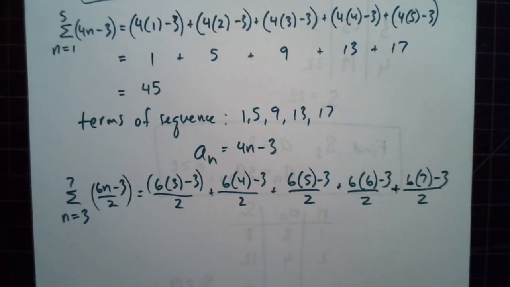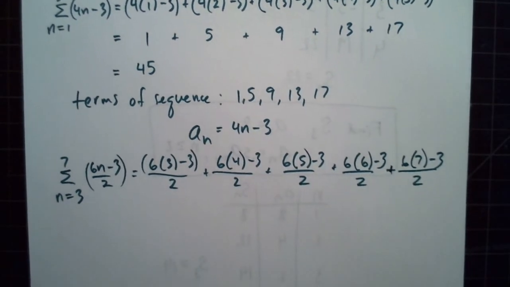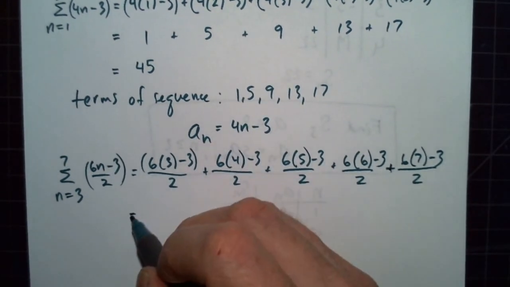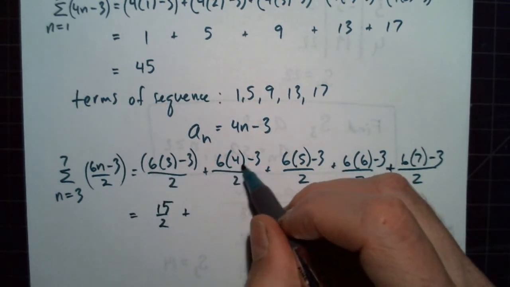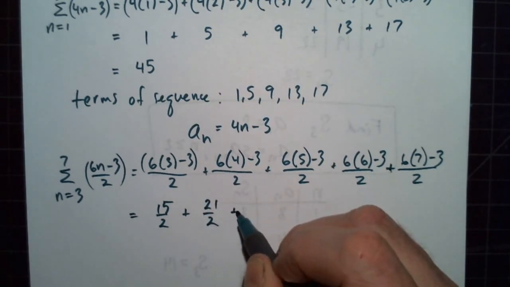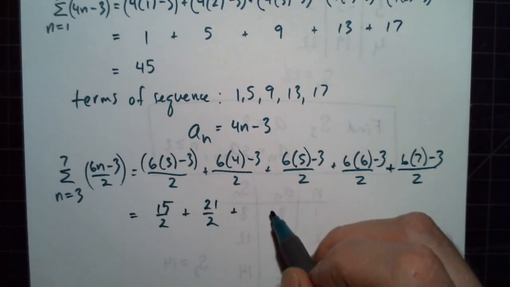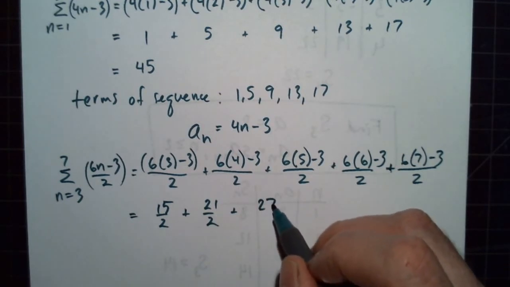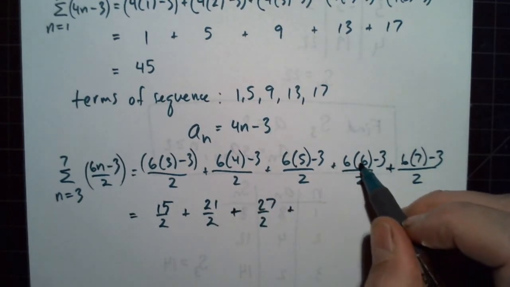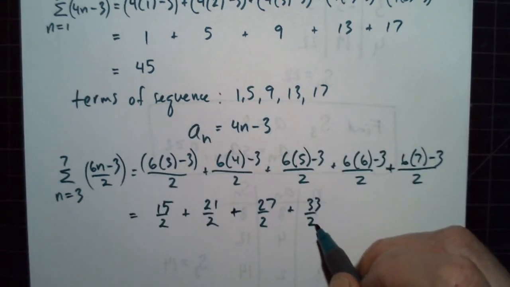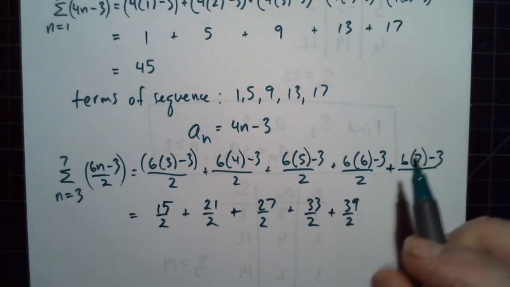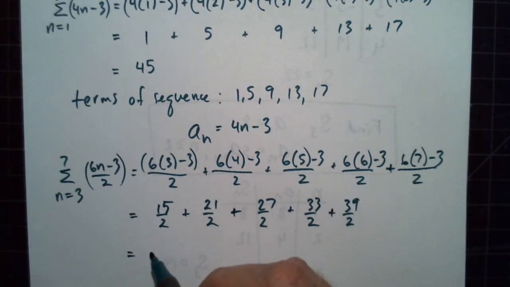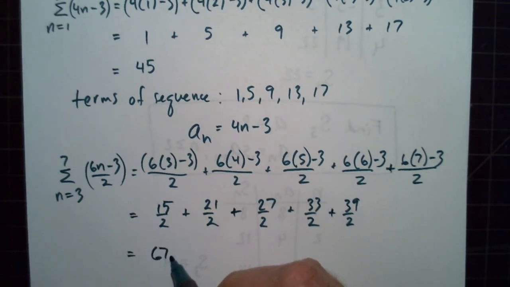And we just replaced n with numbers starting from 3 and ending at 7. 18 minus 3, 15 over 2. 24 minus 3. 30 minus 3. 36 minus 3. And 42 minus 3. We get 135 over 2, 67.5, and that is the partial sum.